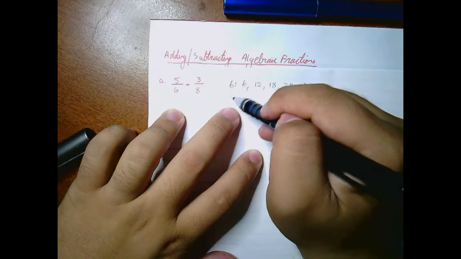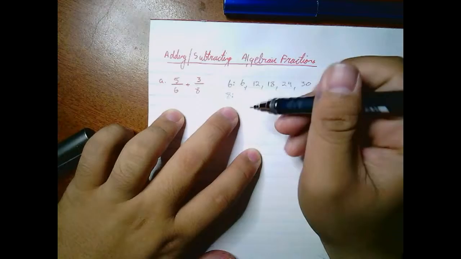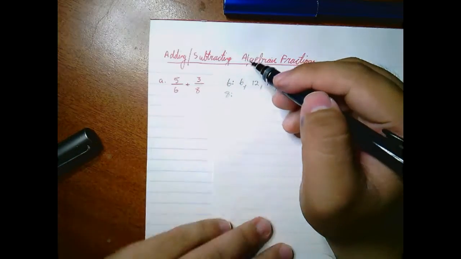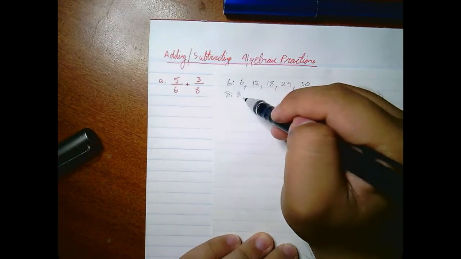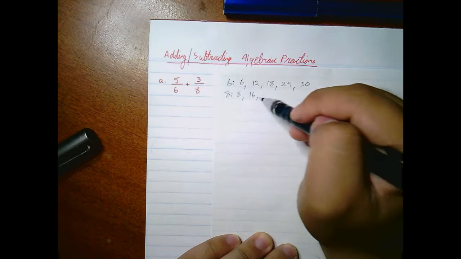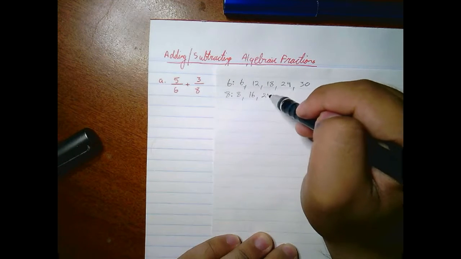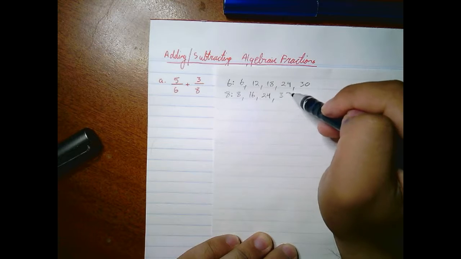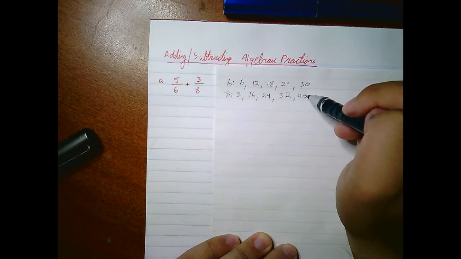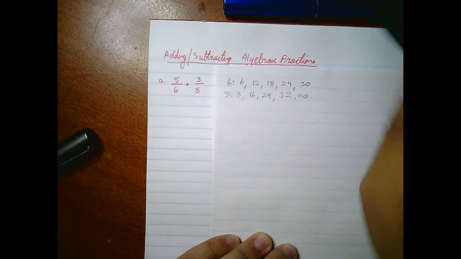Then we get multiples of 8. For 8, we have 8, 16, 24, 32, 40, and so on.